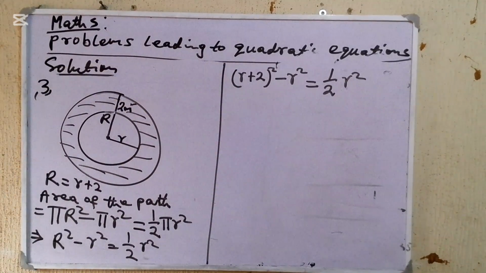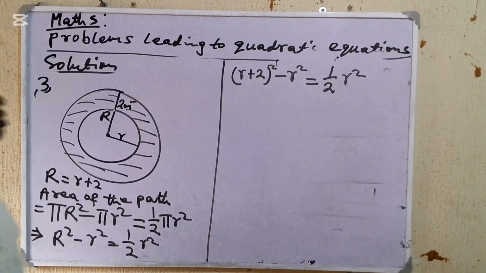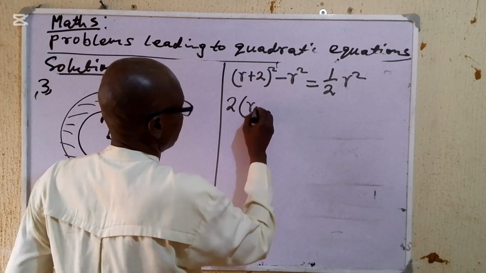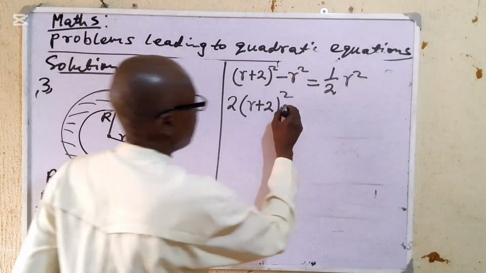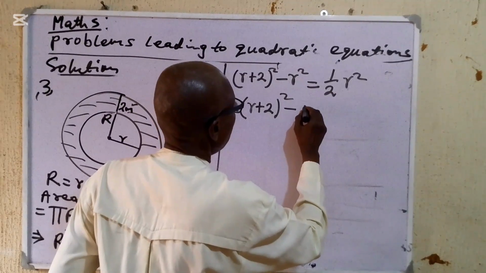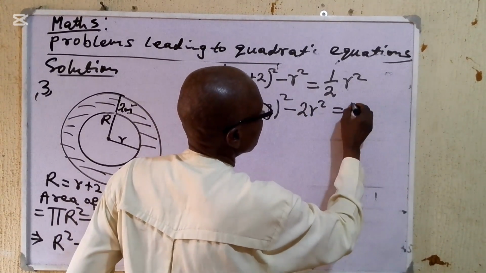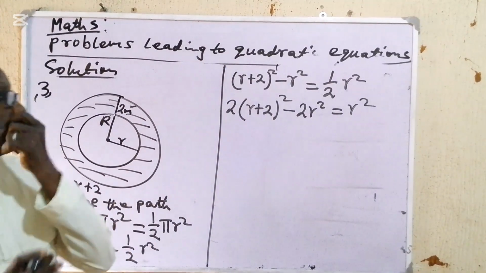The next thing is that for us to remove the fraction, we have to multiply through by 2. That means we have 2 bracket small r plus 2 all squared minus 2 r squared equal to R squared. If you multiply through by 2, this is what you are going to get.